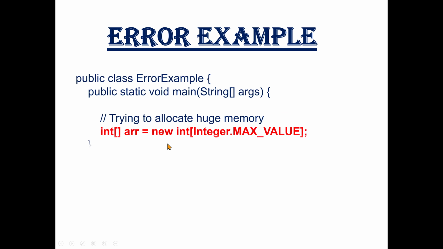Now let us see some practical examples of errors, checked and unchecked exceptions, so that you can map it in your mind in a better way. First we can see the error example. This is a class wherein we are trying to create a primitive array of integer type with the maximum length of integer size. Integer is a data type, and we are trying to get the maximum value of integer.